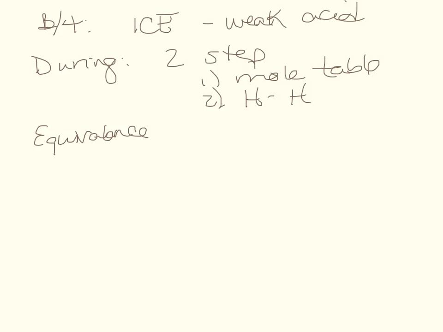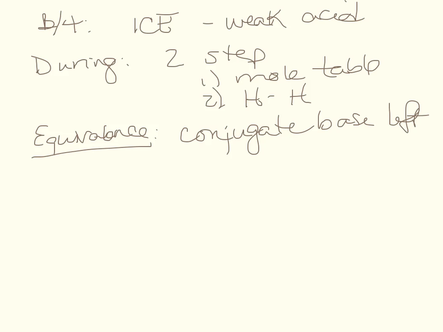At the equivalence point, all we have left is the conjugate base. Okay? So if this were titration of a strong acid and strong base, the pH would be equal to 7 exactly. But since it's a weak acid we're titrating, the conjugate base we end up with can react further in water and alter the pH.